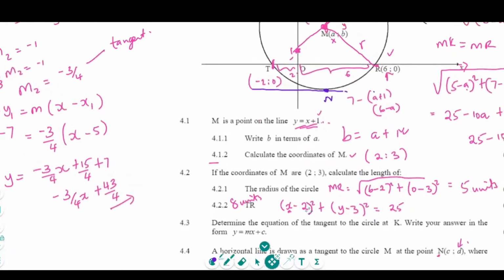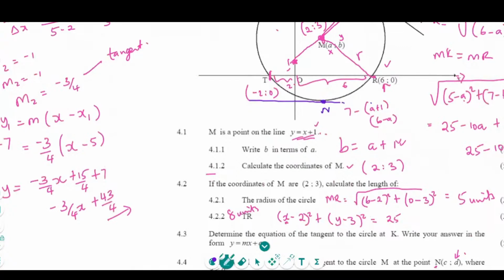So one thing we need to know is that for as long as this has been drawn as a tangent to this point, we know that our N, the x coordinate is going to be a 2. Then we substitute this x coordinate of 2 into the equation of this circle.